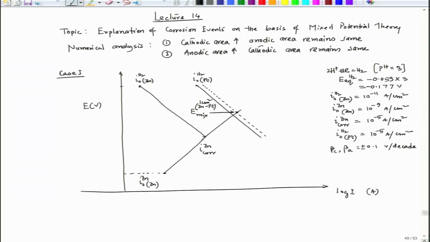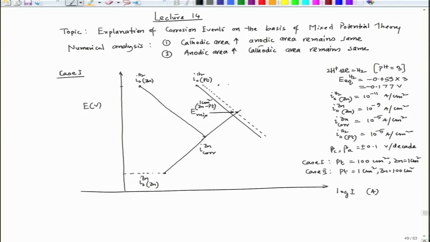Now, once we change it to 100 centimeter square area. Let us say I change it to 100 centimeter square in case of platinum: in one case platinum equals 100 centimeter square and zinc 1 centimeter square, this is case 1. Case 2 is platinum equal to 1 centimeter square and zinc 100 centimeter square.